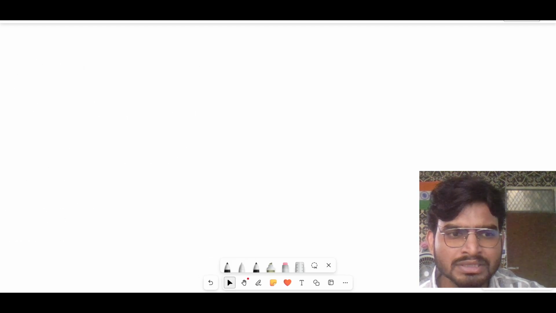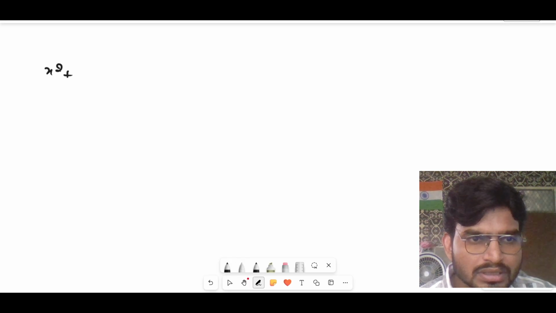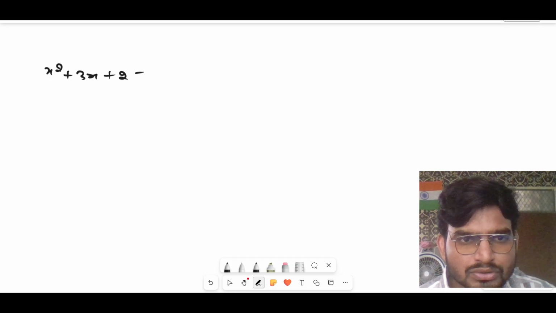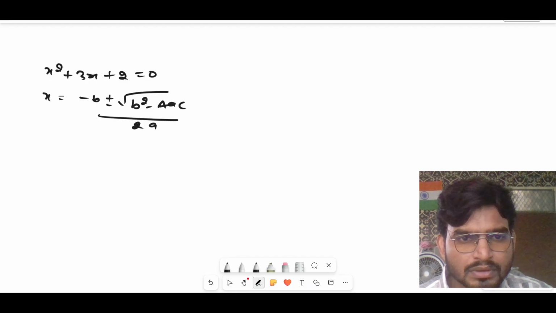The second method is that we can also solve x square plus 3x plus 2 equals 0 with the help of the formula minus b plus minus root b square minus 4ac upon 2a.